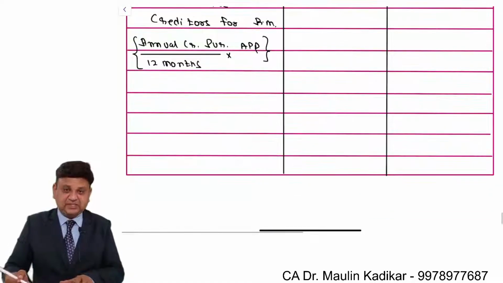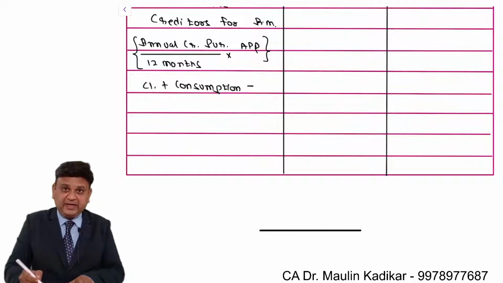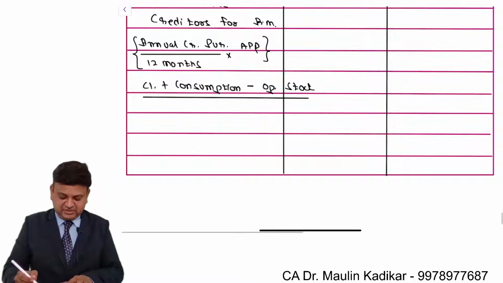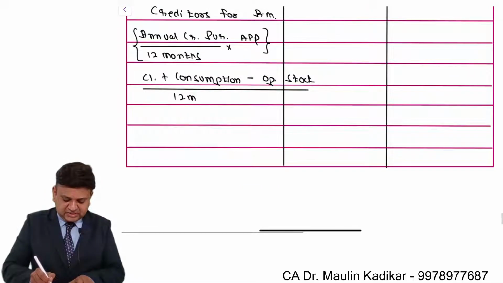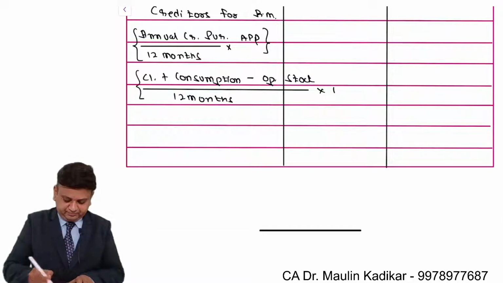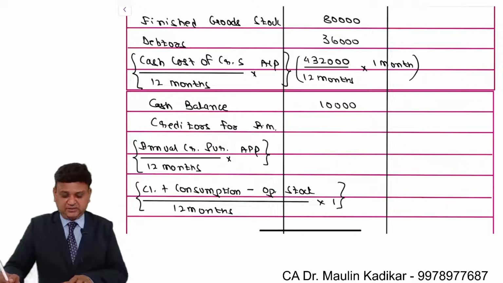We understand that the purchase is calculated as closing plus consumption, so we get the credit side total minus opening stock. The difference on the debit side is the purchase, divided by 12 months into the average payment period, which is provided to us as 1 month. This is the way we are required to show the answer.